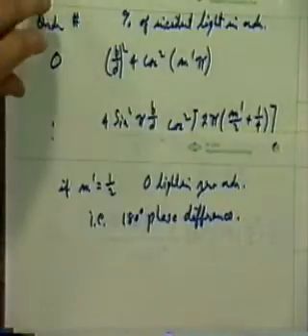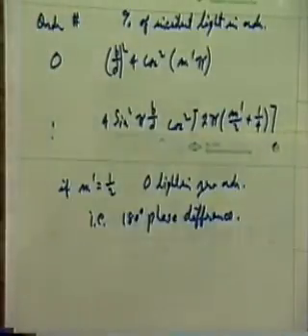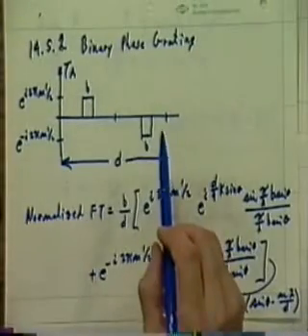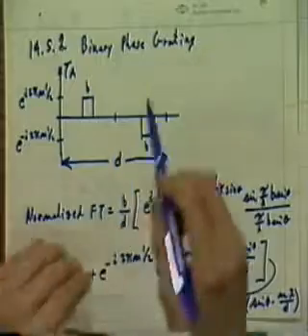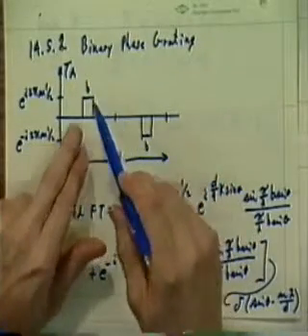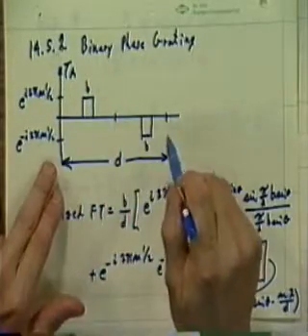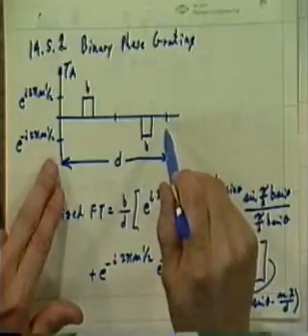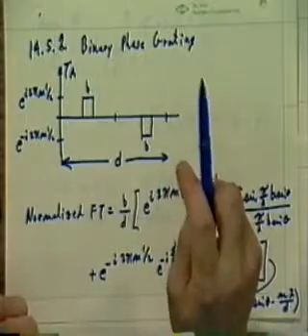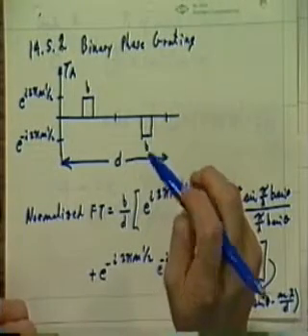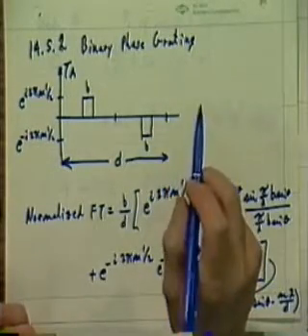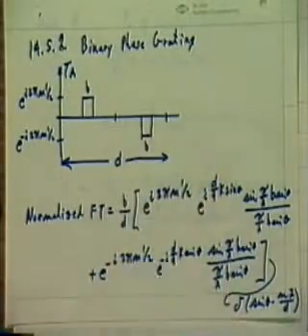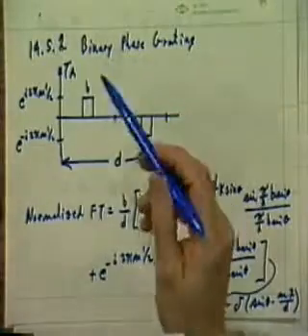Now we want to look at how much light we get in the first order. Without looking at equations, can anyone guess how large b should be compared to d to get the maximum amount of light in the first order? Maybe half.